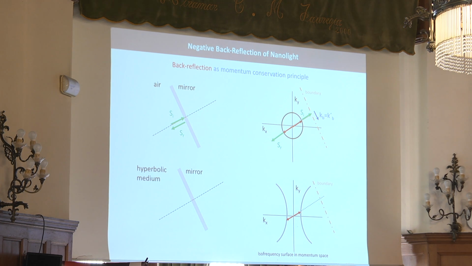How is this condition in a hyperbolic medium? Here, I have these two Ks that have the same projection there. So the Poynting vector here is like this, and this is like this. So here I also have something that is coming back in the same direction, but it's not happening at the normal condition of the boundary, but at some angle.